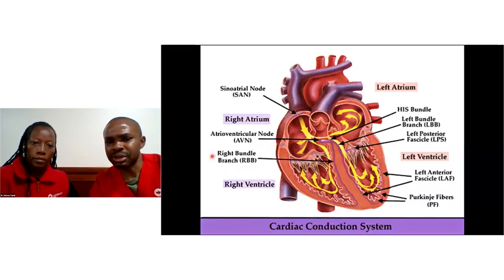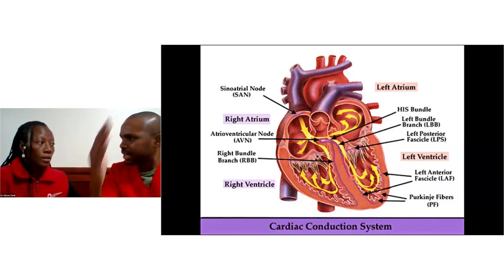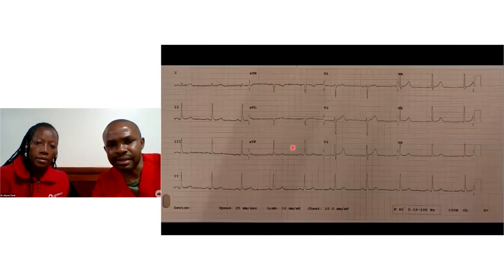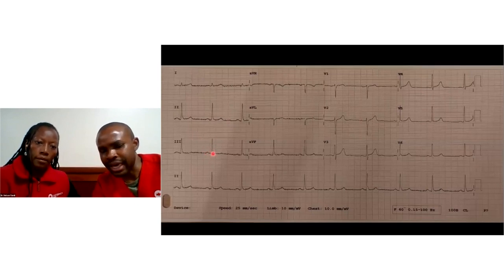And if I got you right, Grace, after that, now the current is flowing through the rest of the muscle, right? And that's what gives us the QRS complex. All right. And that is this one right here. So it's given us the Q, which is a fast downward deflection here. Then it gives us an R wave, which is this one here, right? Up and down. And if it comes below here, that's the S wave.